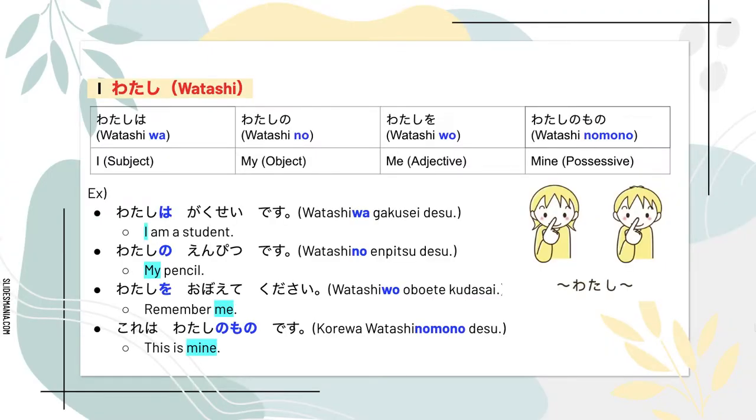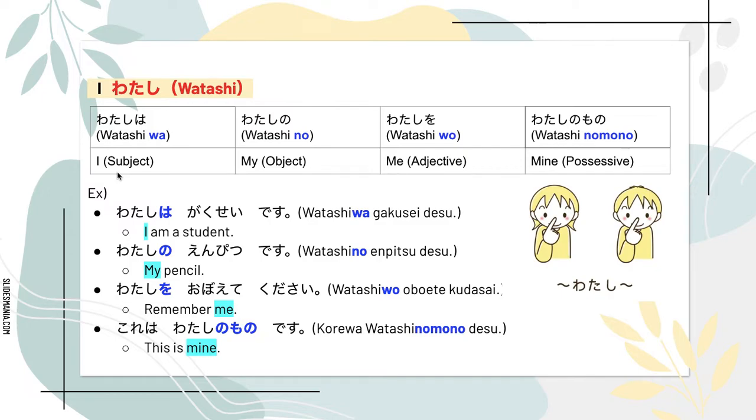So, the first one would be I. I in Japanese is watashi. As you can see from this chart, I is divided into 4 sections: subject, object, adjective, and possessive. So let's look at the subject first.